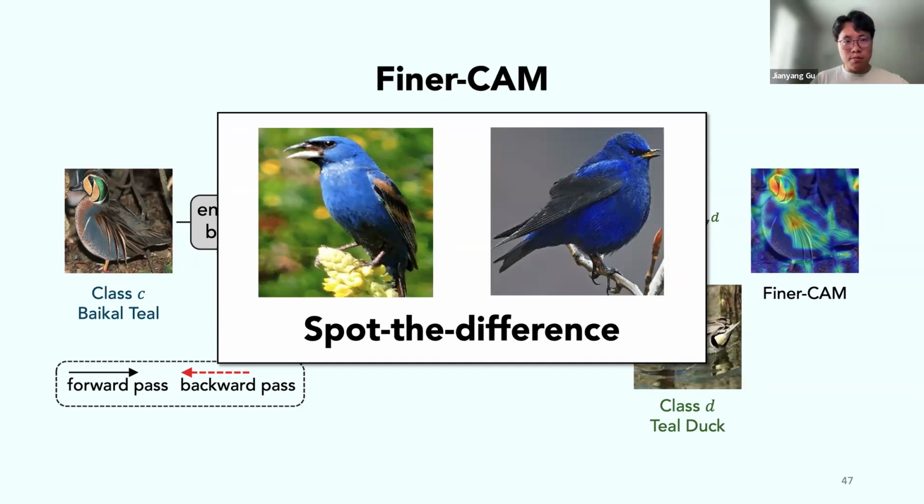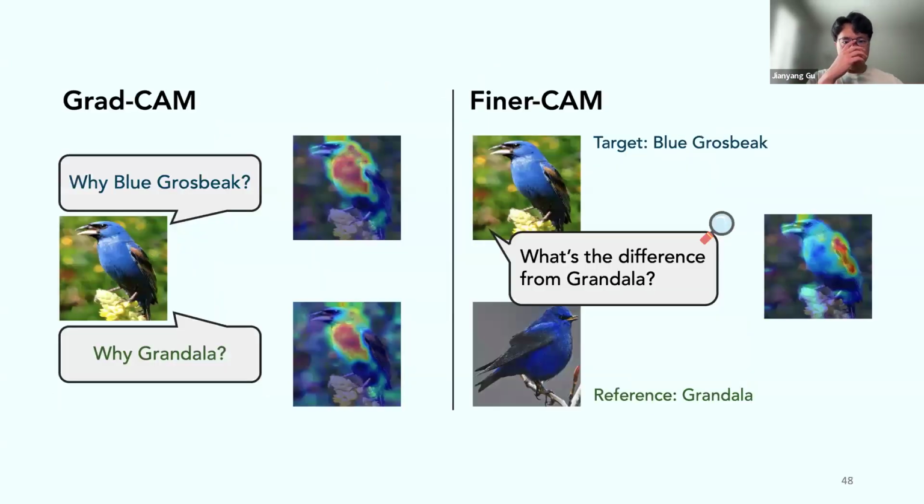So with this explicit comparison, our method FinerCam can correctly identify that the most discriminative trait is the wing pattern. Of course, the blue feather is still a trait, but here FinerCam works specifically for the fine-grained case and highlights the most discriminative trait, and that is the wing pattern.